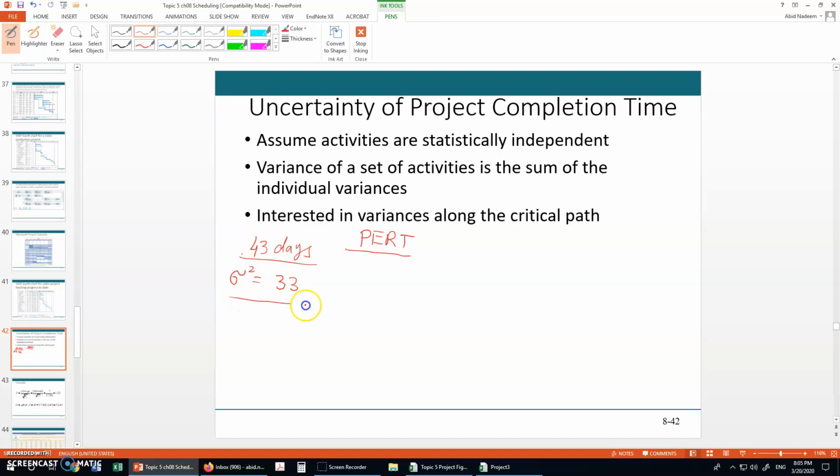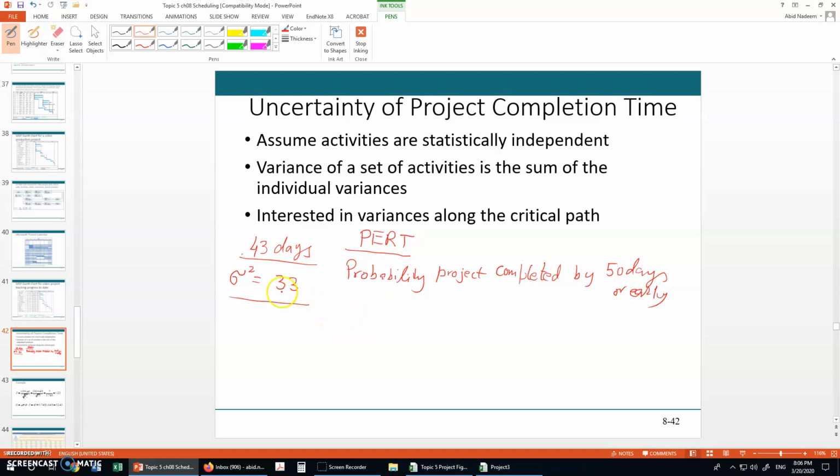Suppose we want to find the probability that the project is completed by 50 days or earlier.